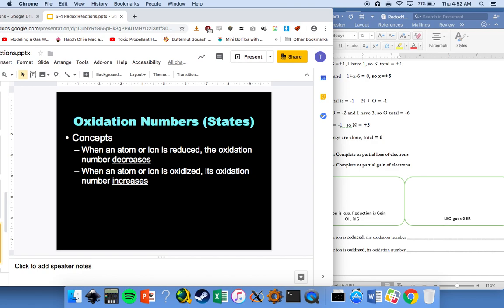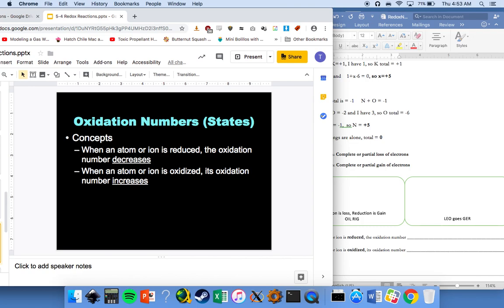Where we're going to go, and what we're going to look at together on Monday, is understanding when things are oxidized or reduced. If something is reduced, it actually means the oxidation number goes down. And if it's oxidized, the number goes up. Not too bad, right? Because if I lose electrons, I get more positive.